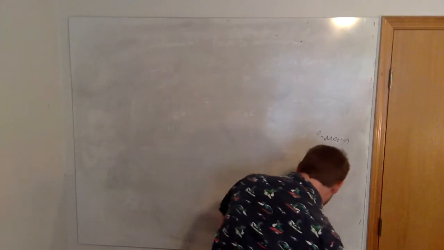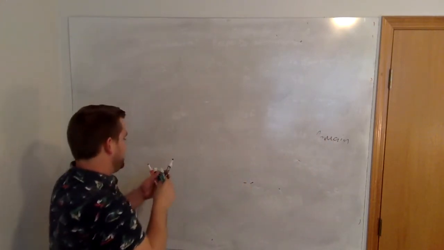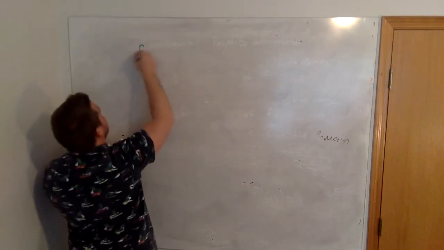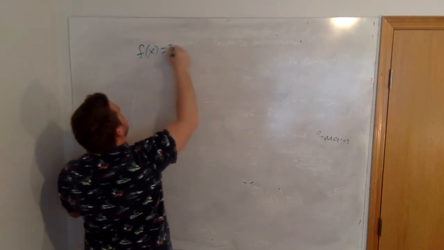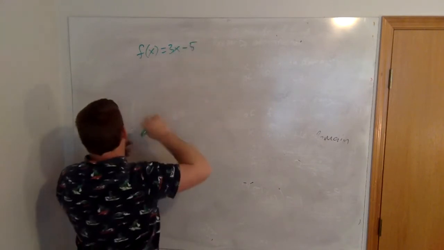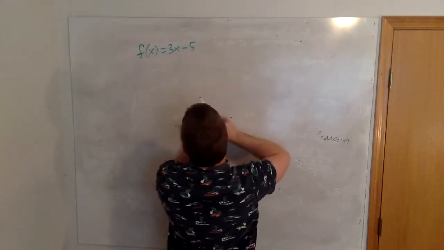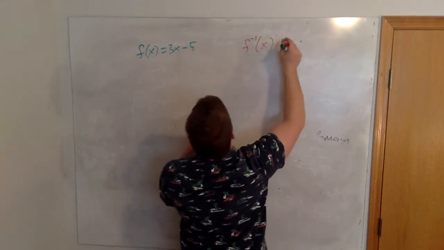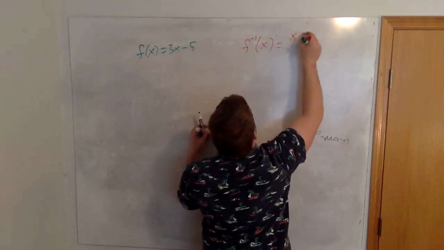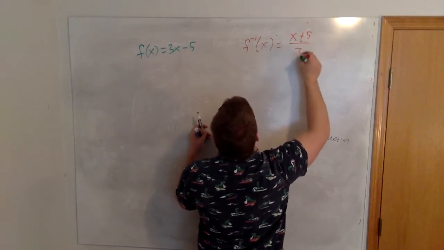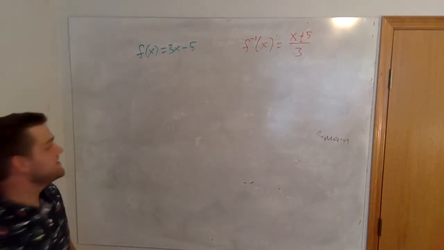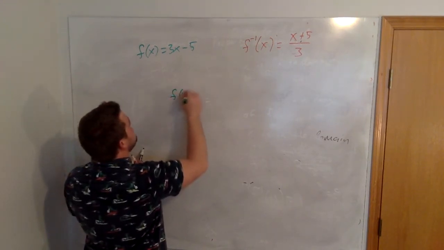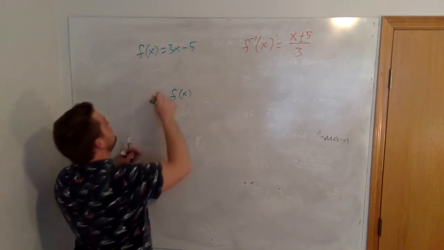So we had our function f of x, which was 3x minus 5, and then we had its inverse, which was x plus 5 all over 3. Let's compose these functions together and see what happens.